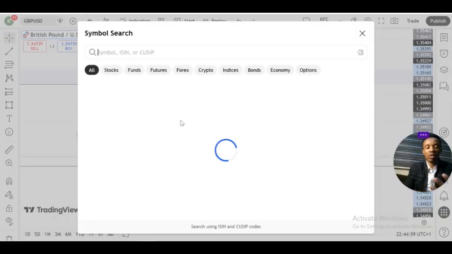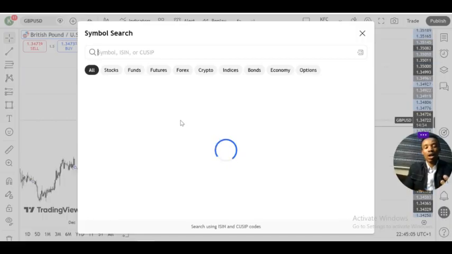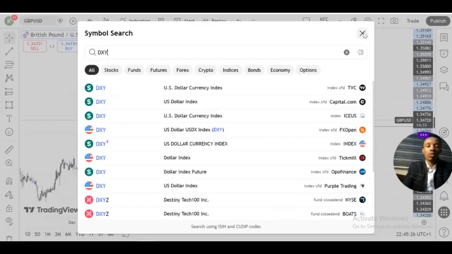So I can trade the GBP CHF, or I can trade the EUR CHF, or I trade the NZD CHF, or I trade the AUD CHF. Okay, so either I'm doing CHF, or I'm doing JPY, or I'm doing the dollar index. So quickly, I'm going to show you what I'm seeing in the dollar index, and from there we're going to go straight to what I will be trading.